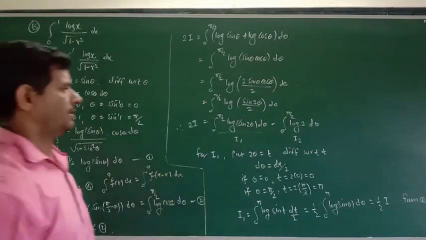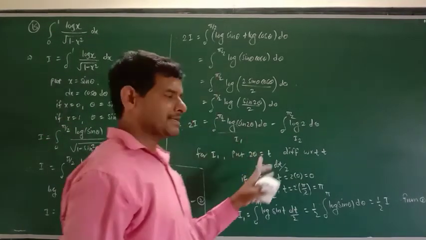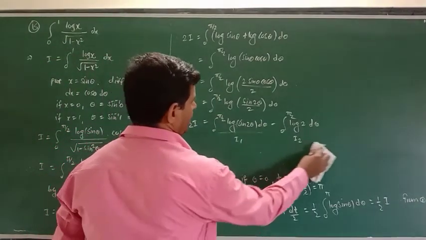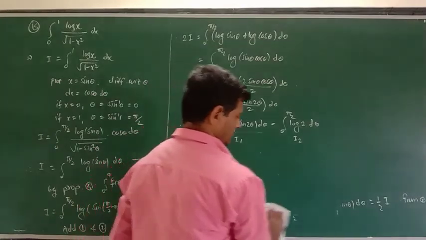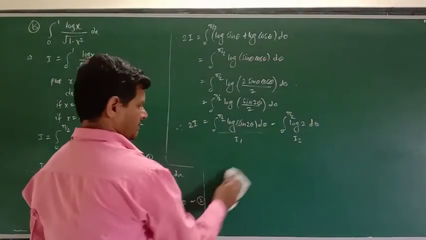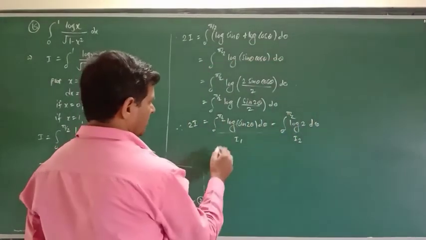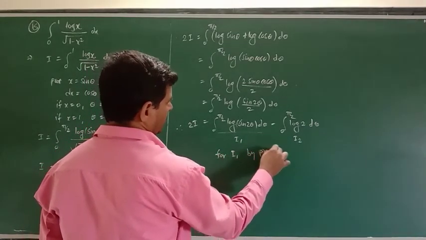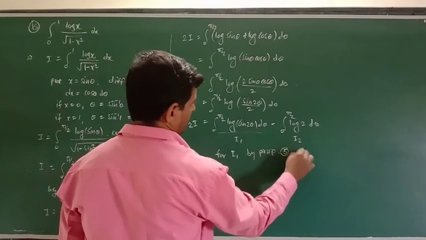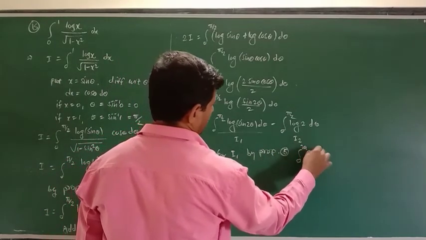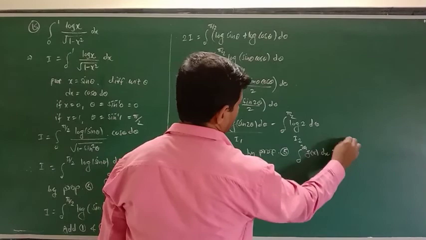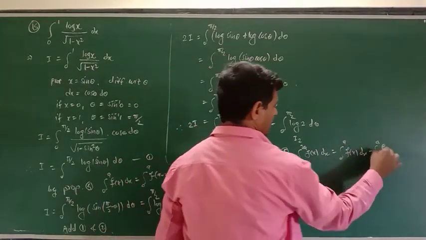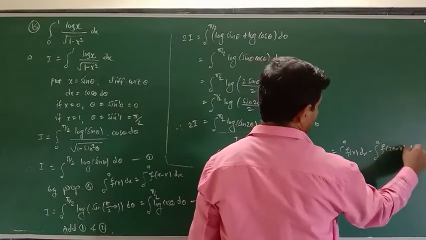Yes, here we have to utilize property number 5. For I1, by property number 5, the integral from 0 to 2a of f(x) dx is equal to the integral from 0 to a of f(x) dx minus the integral from 0 to a of f(2a minus x) dx.